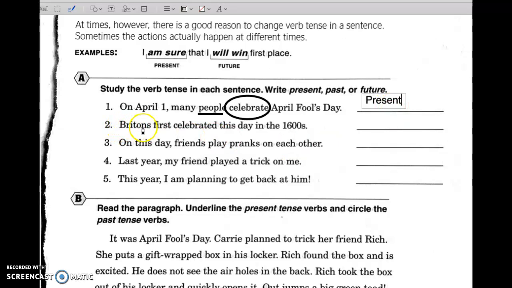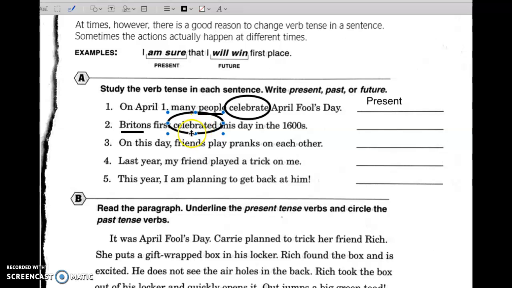Number 2 says, Britons first celebrated this day in the 1600s. Our subject-verb pair here is Britons, that's our subject, and then celebrated. Again, run through our list. Today, Britons celebrate. Yesterday, Britons celebrated.